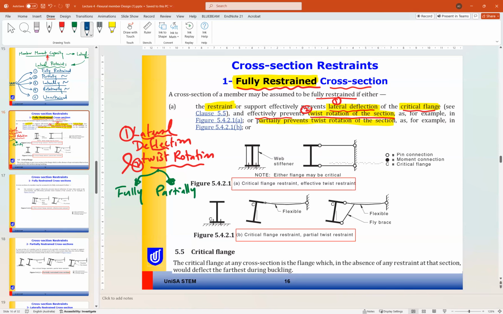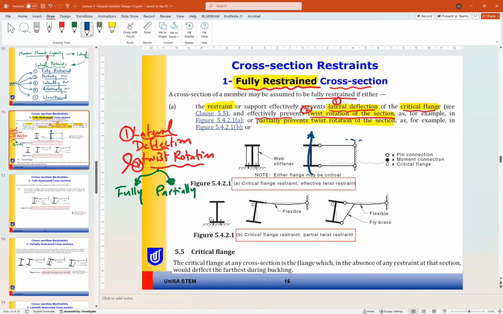So in this example here, as you can see, this is our beam and this is our moment.